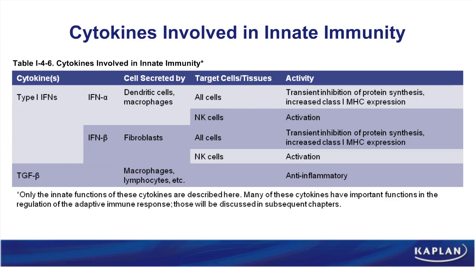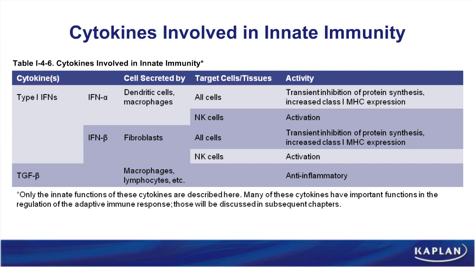And last but not least, the interferons. It's important for you to know what the function of interferon alpha and beta are, especially because they're used as therapies for different types of diseases. TGF-beta is going to be a really important cytokine.